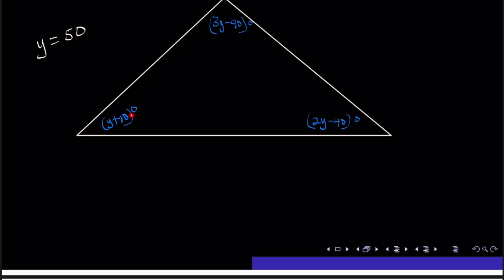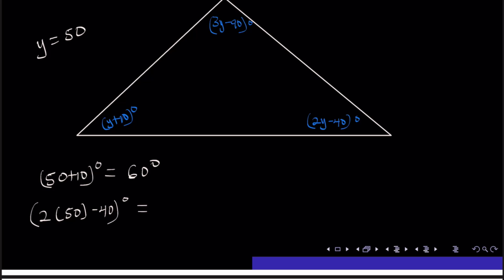So with the first angle, we have y plus 10, which implies that the actual value will be 50 plus 10. That's 60 degrees. Now for this angle, we have it to be 2y minus 40, and so we are going to have 2 multiplying 50 minus 40 degrees.